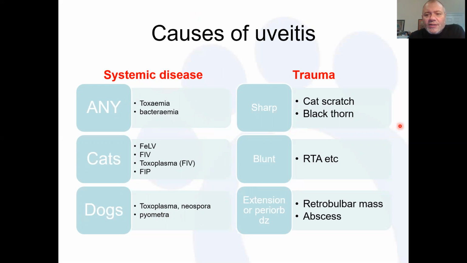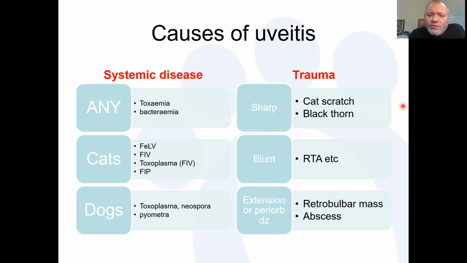And then traumatic causes. I mentioned hypotony is a very potent cause of uveitis, and the common ones we'd see in practice can be cat scratches, particularly cats meeting puppies for the first time, and blackthorns in the autumn, when Jack Russells and spaniels are out hurtling around like lunatics, a very common cause of sharp trauma. Blunt trauma, RTAs being a common one.